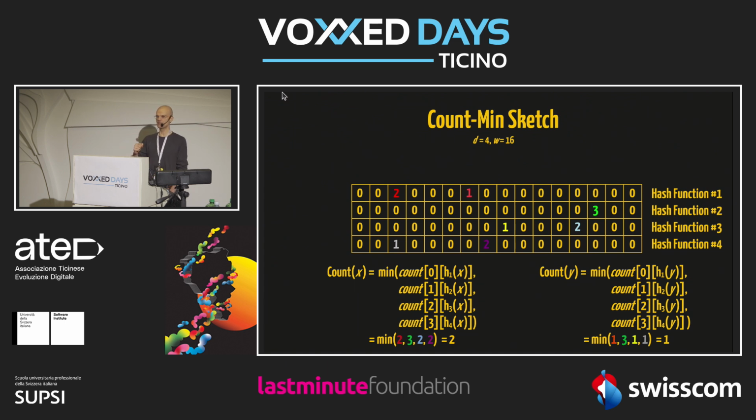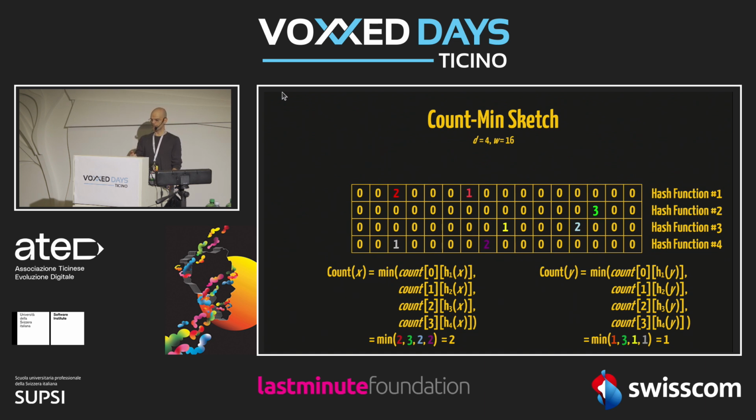So basically, I'm just looking at the position in which the first hash function has mapped X, and then I just read the value there. And then I do it again for the second hash function, the third, and the fourth. And so I see that I need to compute the minimum between 2, 3, 2, and 2. This means that the minimum is 2, and actually it's a correct value.